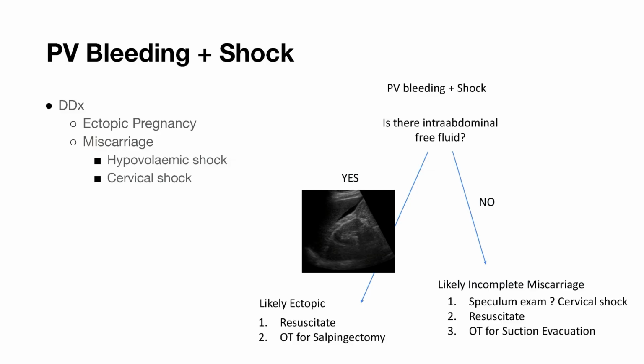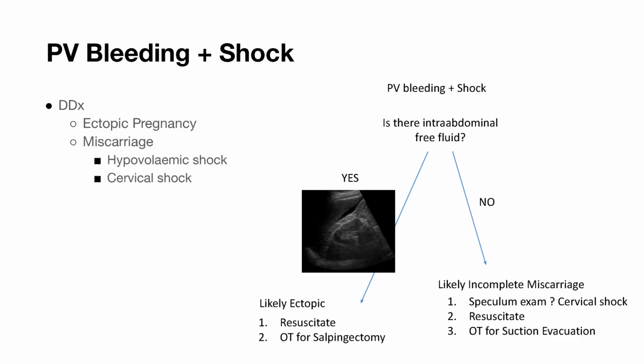Now, it's important to remember that some of these patients can be very unwell. This can be a life-threatening presentation. It is very, very rarely life-threatening, but we need to have an understanding of what to do in these more time-critical situations. The causes that lead to hemodynamic instability are really ectopic pregnancy and miscarriage.